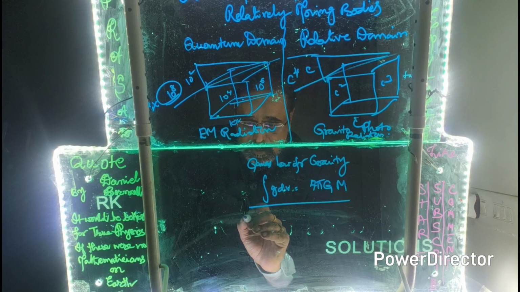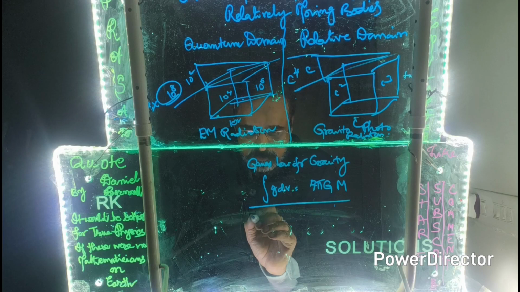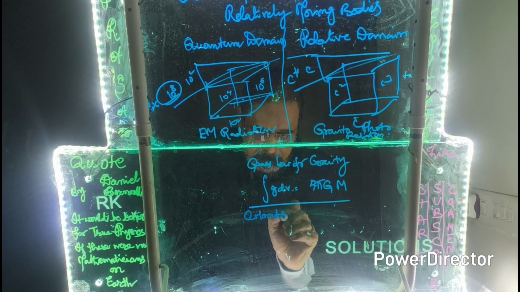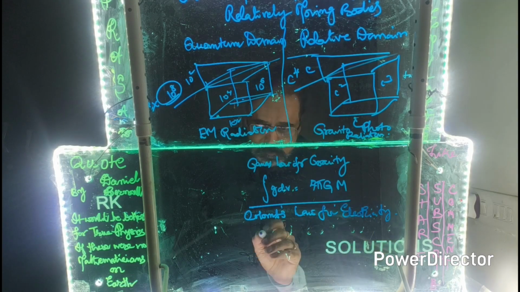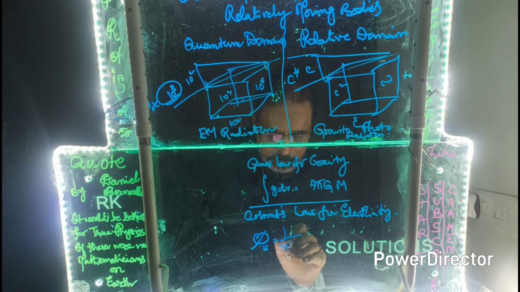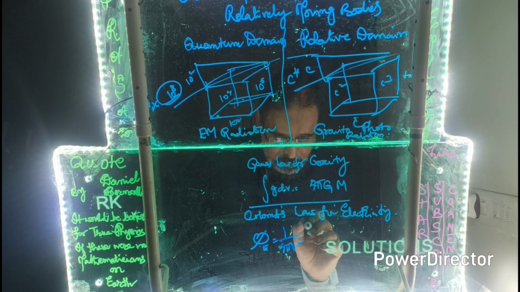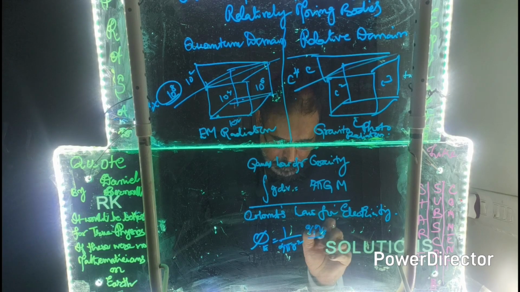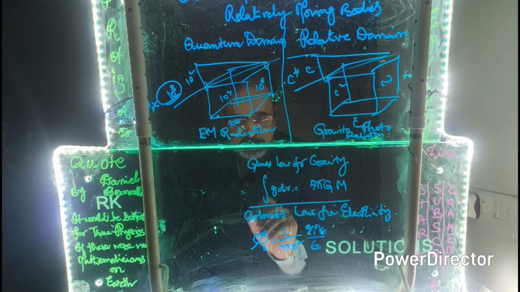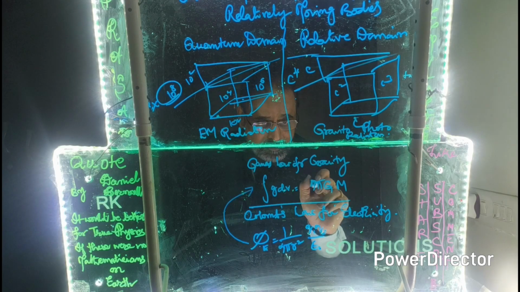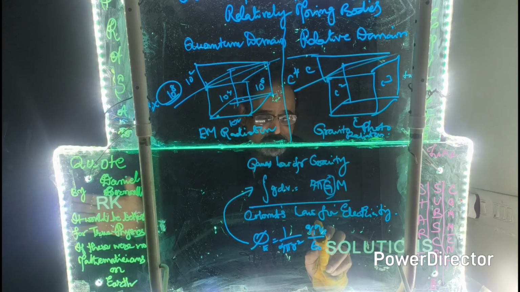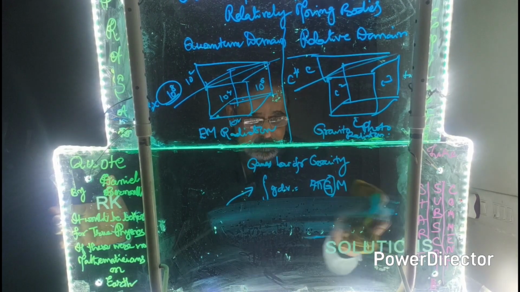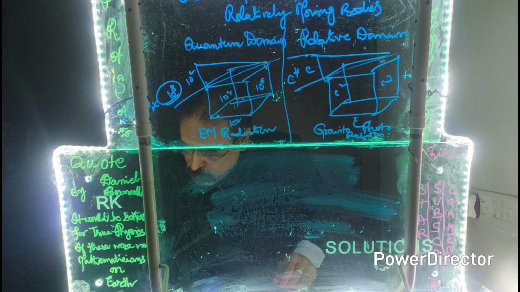And since we compare this to basically Coulomb's law for electricity, which is the electrical flux equal to 1 by 4 pi r squared, q1 q2 by epsilon naught, I tried to compare this with this and get this G in terms of 4 pi r squared. I wanted to make both of them look alike.